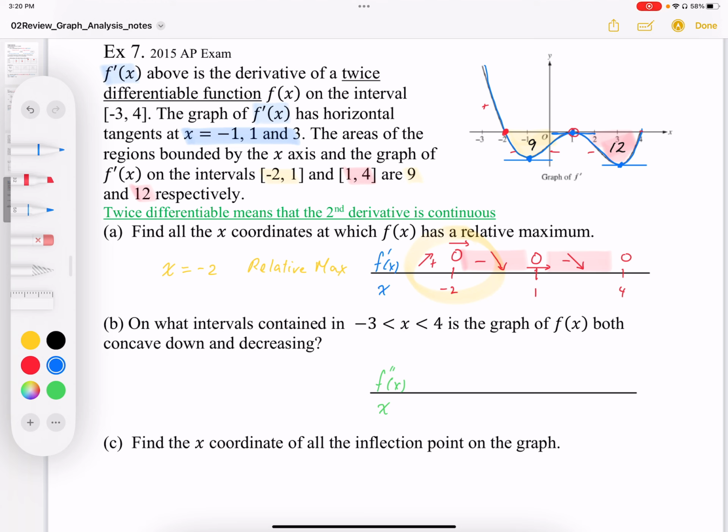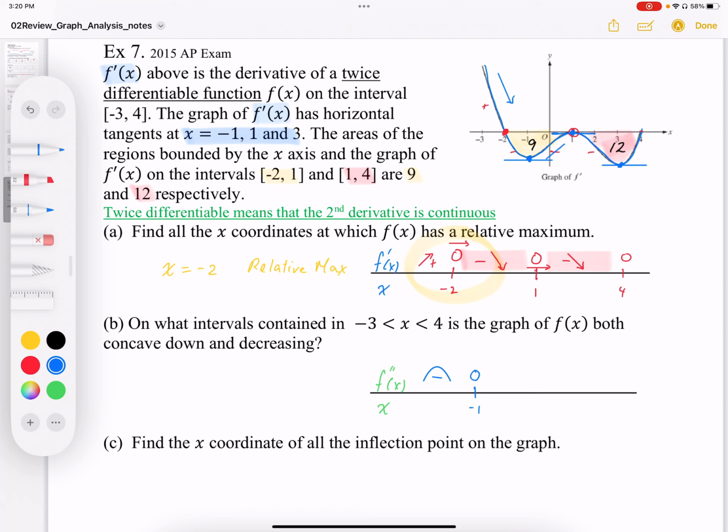At -1, we know that it changes direction. In fact, we have a 0 second derivative. On the left-hand side of that -1 value, it's sloping down, which means that the second derivative is negative, which means it's concave down.